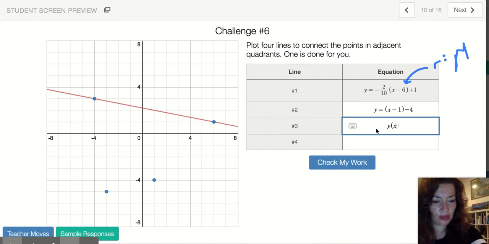So what I want you to look for now is patterns. So x + 3, move to the left. So think about anything in parentheses is opposite. So move 3 to the left, and then 1, 2, 3, 4, 5 down. So I'm going to say -5, and I'm going to change this to an equals.